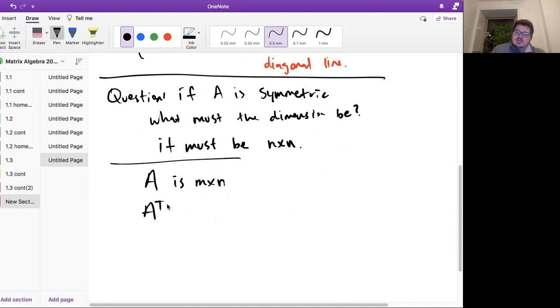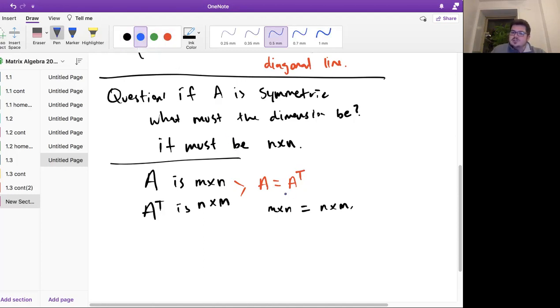What's the dimension of the transpose? You flip rows and columns, so it's n by m. But now if A is equal to A transpose, that means the dimensions must be the same. So the m by n dimension must equal the n by m dimension.